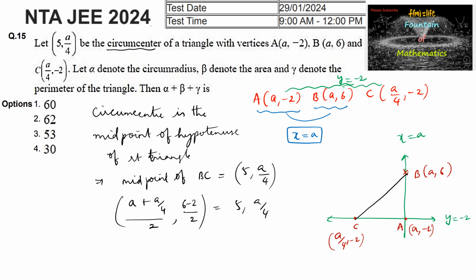So 6 minus 2 upon 2 is 2. So 2 is equal to a upon 4. From here we can say that a is equal to 8.